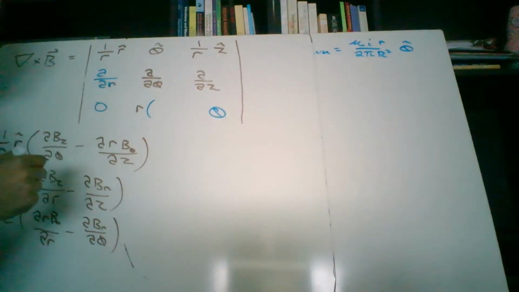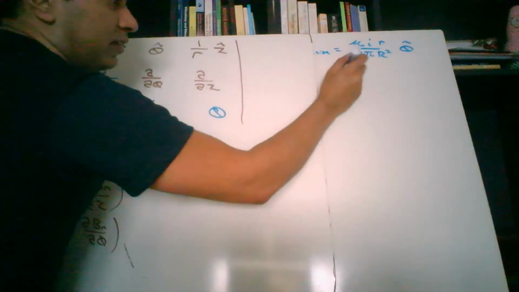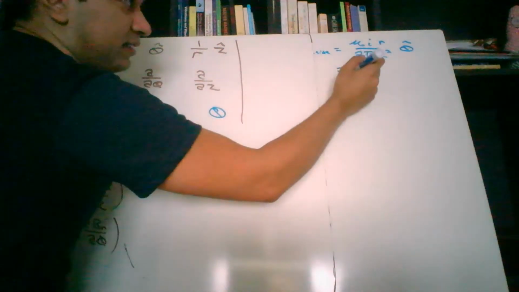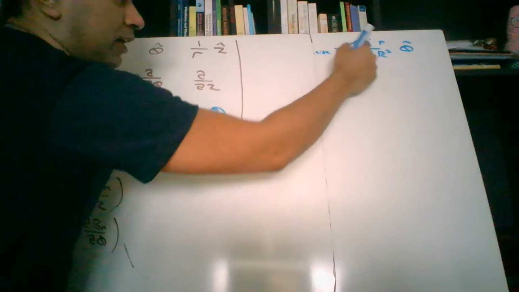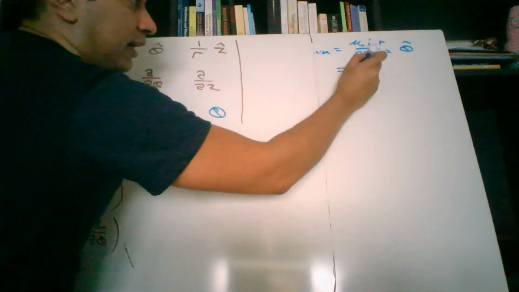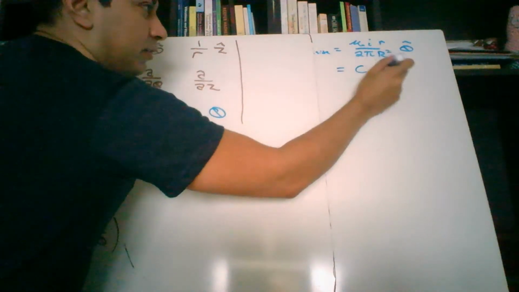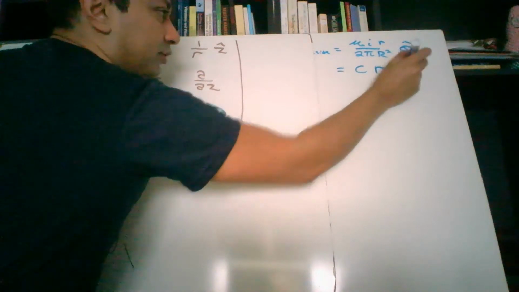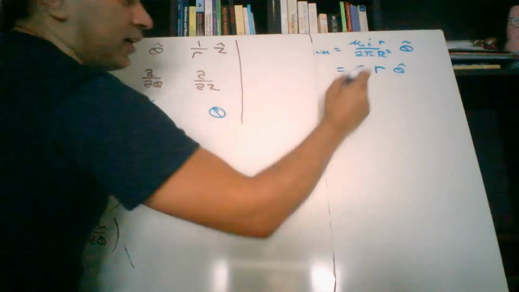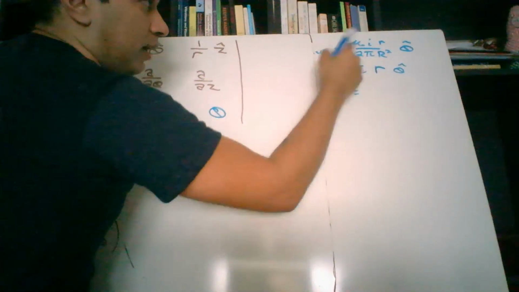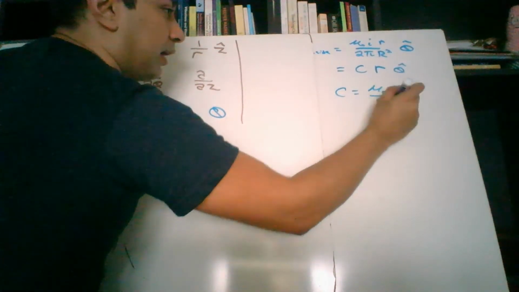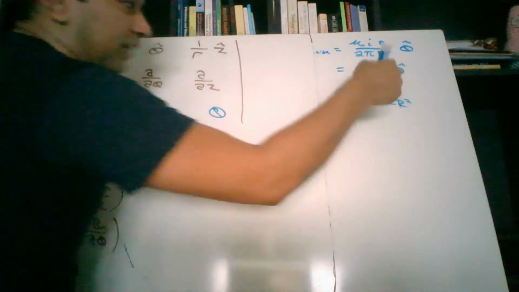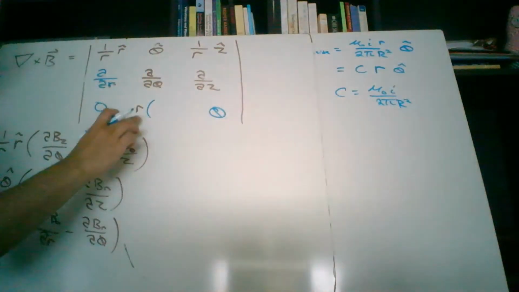Should I make it a little bit easier? Let's make it a little bit easier. All of this is a constant anyway, so I'm going to put mu naught I over 2 pi big R squared as C. And that'll be r in the theta hat direction. So C is defined as mu naught I over 2 pi big R squared. All of that is a constant, so we'll call it a constant.